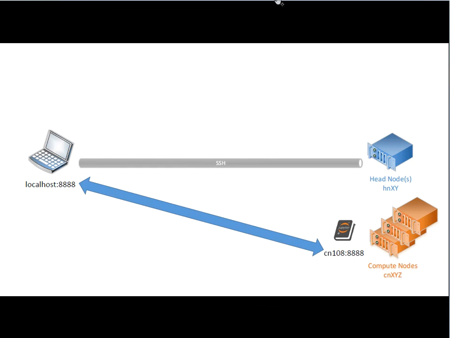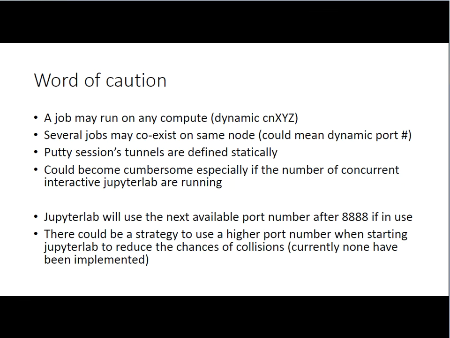Okay, so coming back over to the screen here, a few words of caution. I hinted at this earlier on. A job will run on the next available compute node. You don't necessarily know ahead of time which compute node this will be, so that's dynamic by design. An HPC cluster generally will have much more resource on a compute node than what a single job will require.